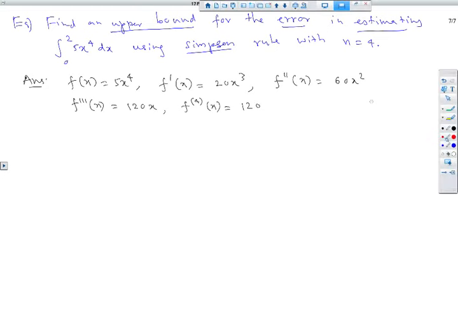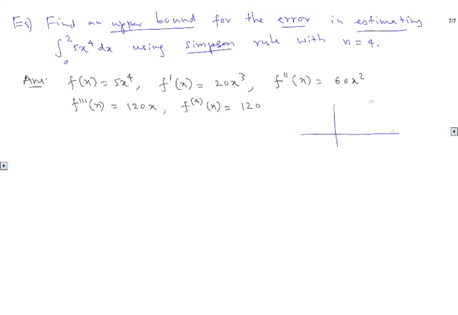if you look at this in a graph, this is the situation. There is 120. That is the fourth derivative graph. So the interval is 0 to 2. So the maximum is just that value, because in that interval there's no special maximum. So the maximum value is just that value.